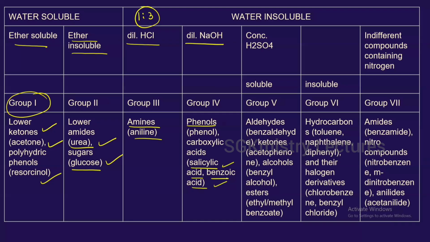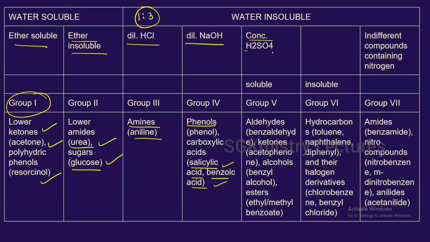If brisk effervescence is obtained with this compound, which is soluble in dilute NaOH, then you can easily say that it may be a carboxylic acid. I'll come to that when I'm explaining group 4 analysis. But for now, if it is soluble in dilute NaOH, you have only two options: it may be a phenol or a carboxylic acid.